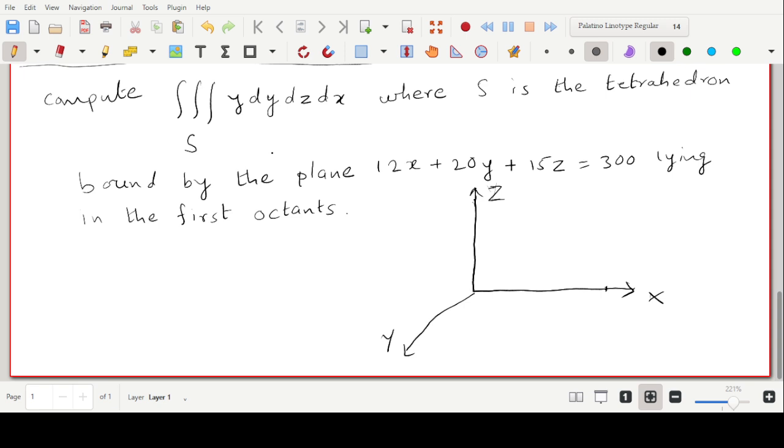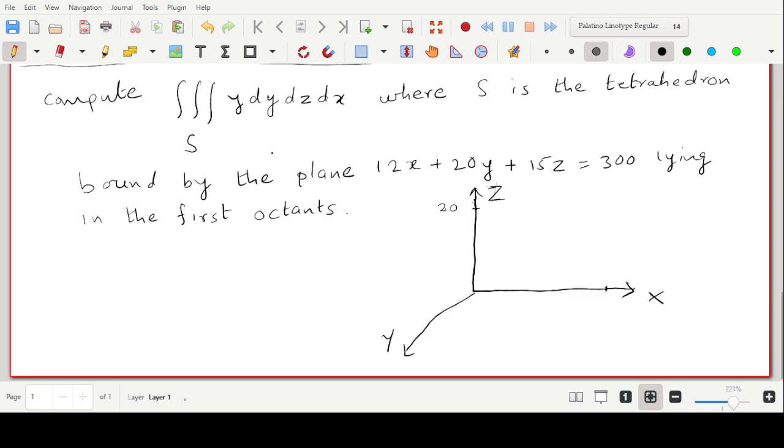Similarly, let us substitute x and y equal to 0. That gives us the equation 15z equal to 300, which means z equal to 20. And after substituting x and z equal to 0, we get 20y equal to 300, which means y equal to 15.